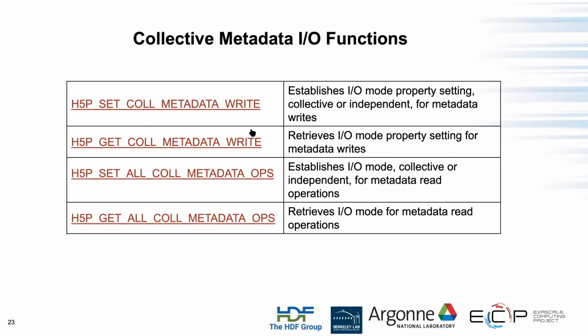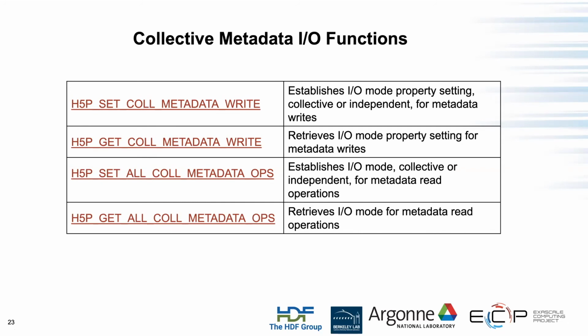So basically, you can set your metadata to be collective, meaning that all the processors, usually, send their metadata to one process, and then that one processor writes the data. You also have the same thing for metadata operations, where essentially you can do the same thing.